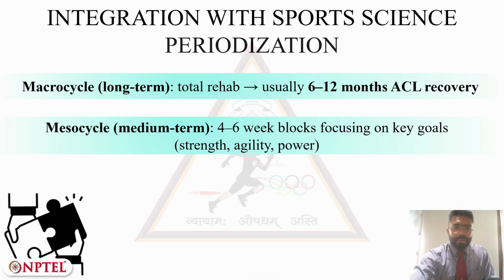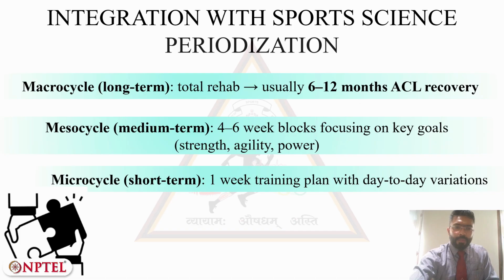The mesocycle is programmed in medium term with 4 to 6 week blocks focusing on the key goals. The goal may be strength, agility, or power as per the focus during the particular mesocycle. The microcycles are programmed in short term with about a week of training plan and with day-to-day variations.